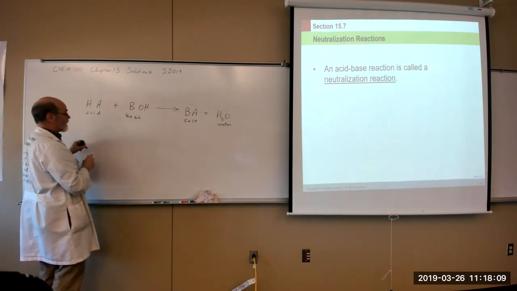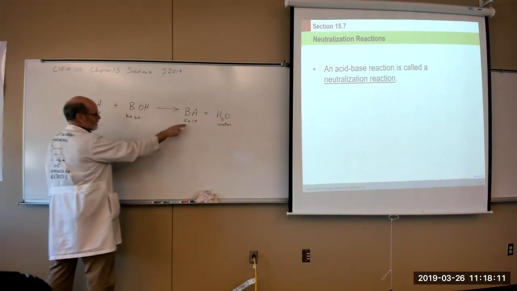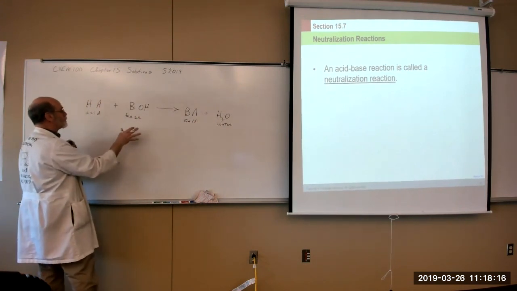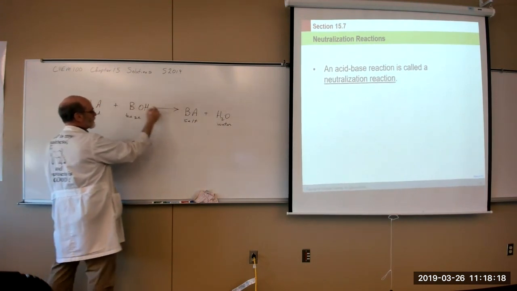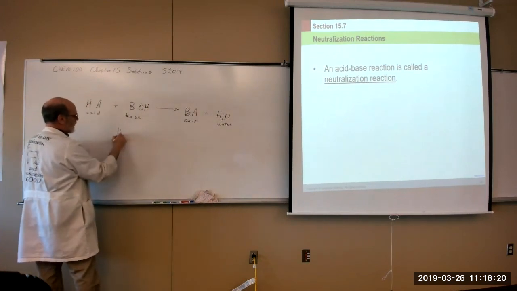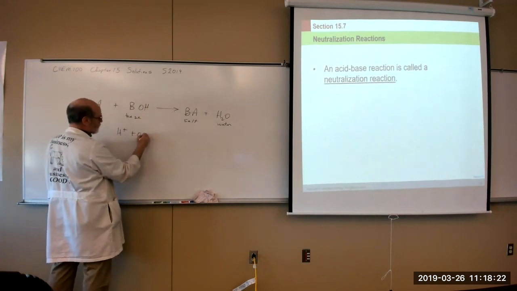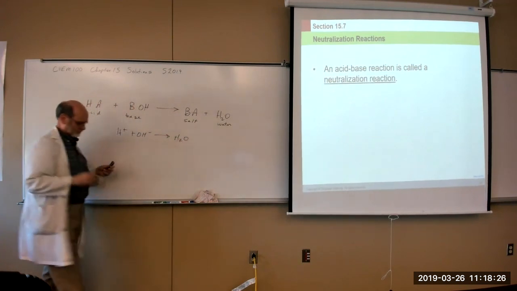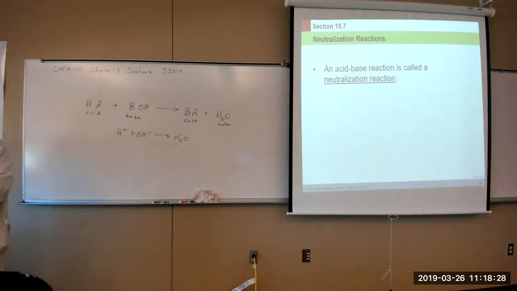So the net ionic equation here, this is usually in solution. It doesn't have to be. But if it's still in solution, then spectator, spectator, spectator's gone. And the net ionic equation for an acid-base reaction is that. Hydrogen ions plus hydroxyls yield water.